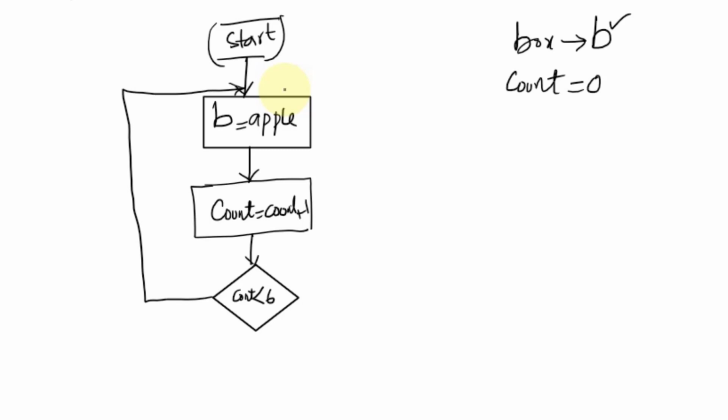So that is the statement here. So if count is less than 6, yes, he will come here and again put another apple into the box. Otherwise, if it is not less than 6, it means it is equal to 6.